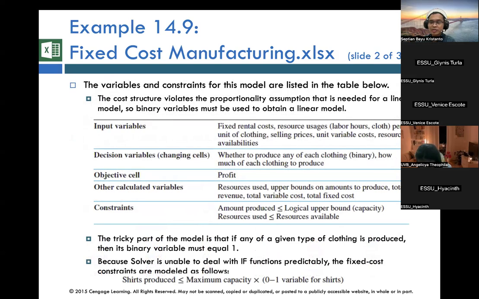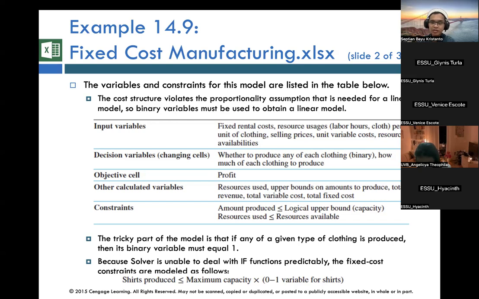How we set the selling price and variable cost depends on the cost structure. Sometimes it is proportional, but in most cases, we can break out the structure or violate our cost structure because we need to divide any kind of cost.